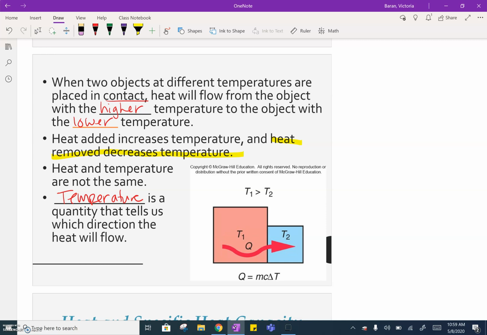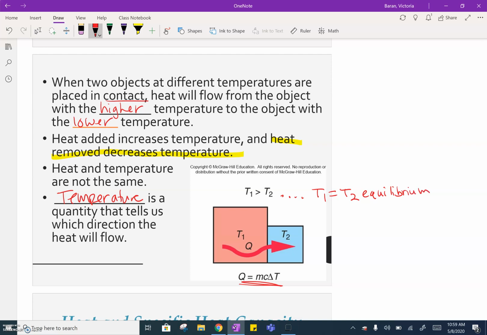That's what that Q is representing, and we'll talk more about this equation later and what that means. And this has more heat, and therefore this heat is going to flow towards the object with less heat or has a lower temperature. And over time, once they've reached the same temperature, so eventually their temperatures will be equal, that is when we will be in equilibrium, okay?